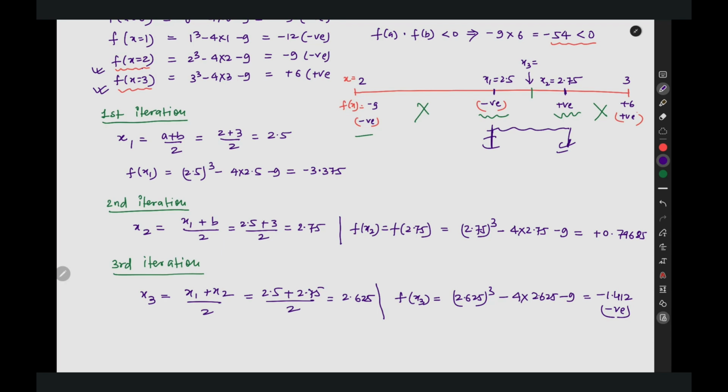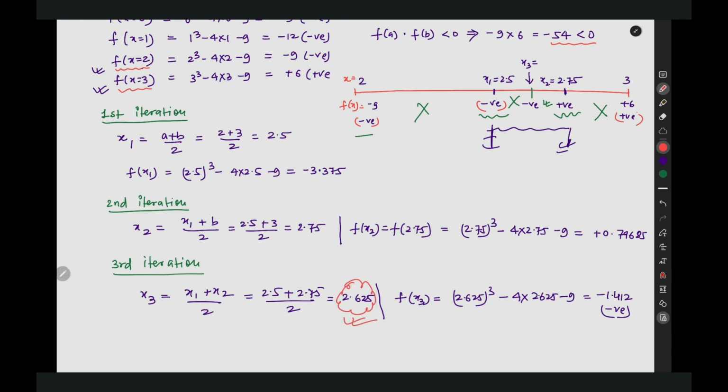So we know this one is a negative value. Again we know from our concept that the next iterative root value lies between one negative and one positive. So this will not lie in this. So it will lie somewhere here. So now we have calculated up to the third iteration. So our answer would be 2.625.